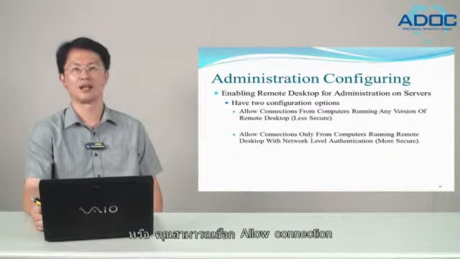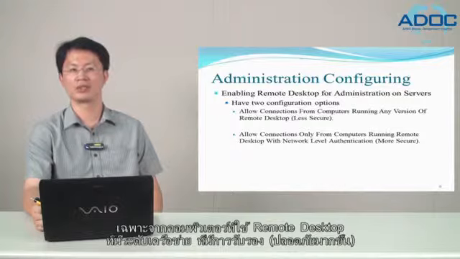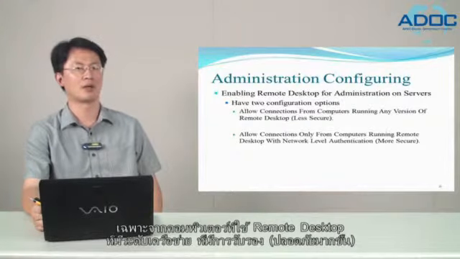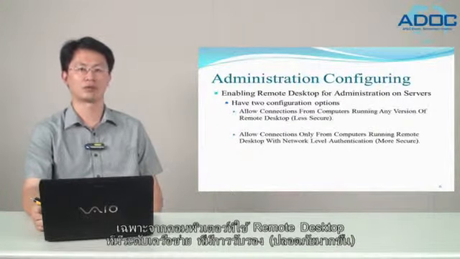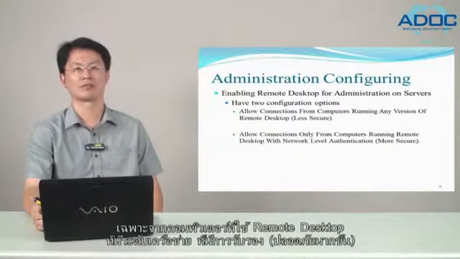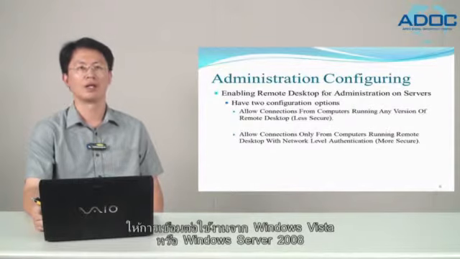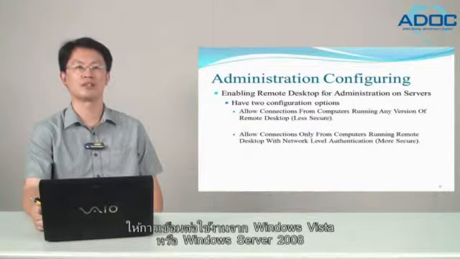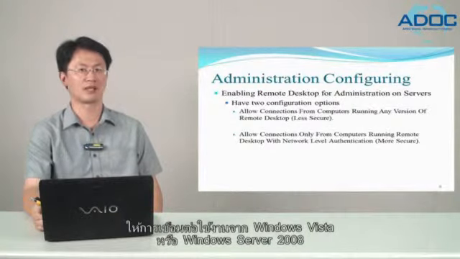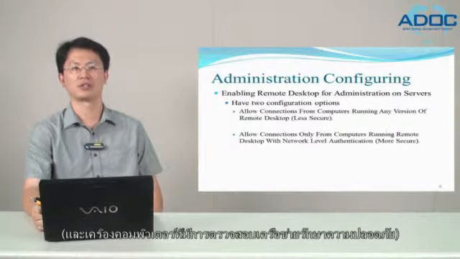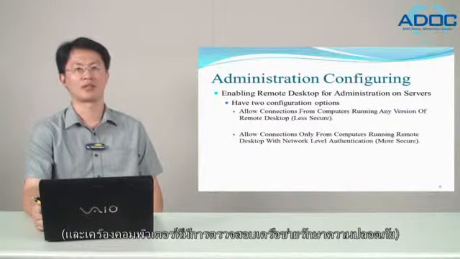Or you can select allow connections only from computers running remote desktop with network level authentication, more secure, to allow connections only from Windows Vista or Windows Server 2008 and computers with secure network authentication.